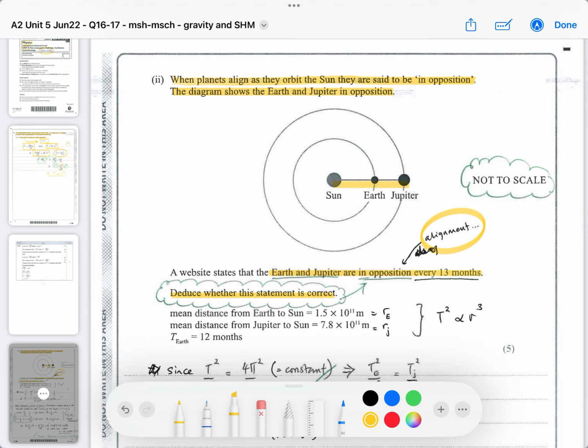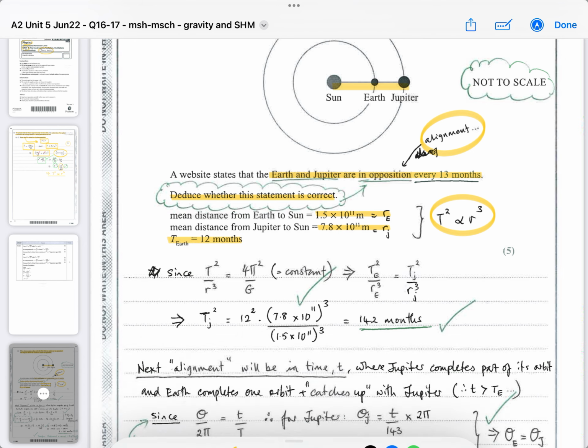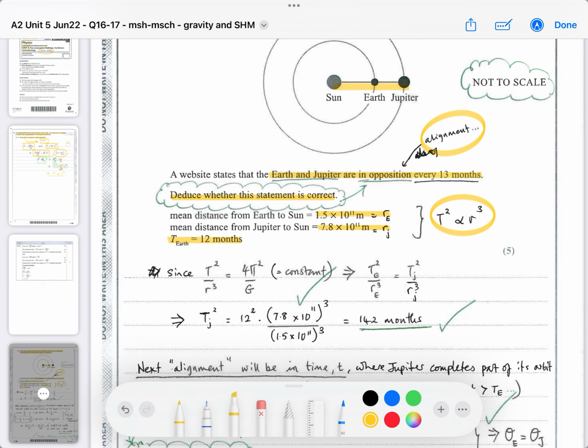To do that, you've got to use T squared is proportional to r cubed. They've given you the distance of the Earth from the Sun and Jupiter to the Sun, so we know the values. And we know that the Earth takes 12 months to circle the Sun. So we want to find out how long it will take for Jupiter.